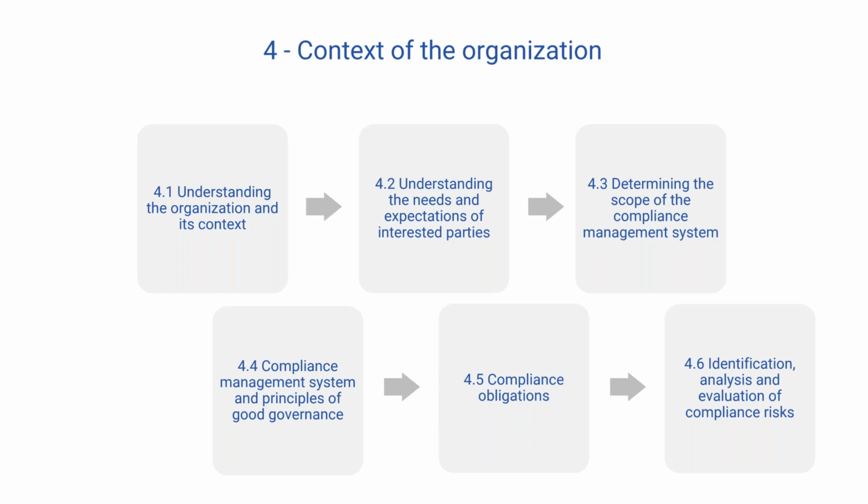And the compliance management system establishes what you're trying to achieve, principles of good governance. You would then typically identify compliance obligations you have, along with an analysis and evaluation of risk. So in addition to controlling your scope, you then will inevitably need to prioritize your compliance actions and issues.